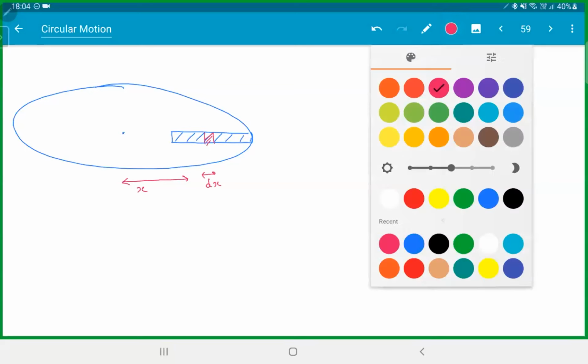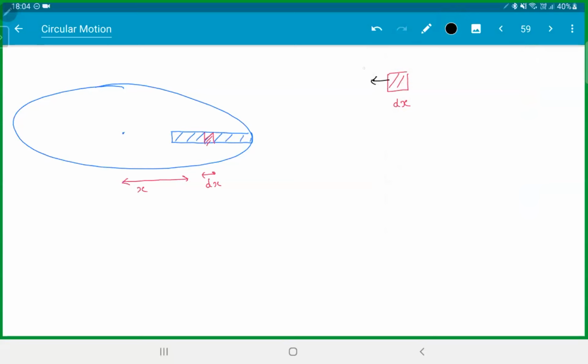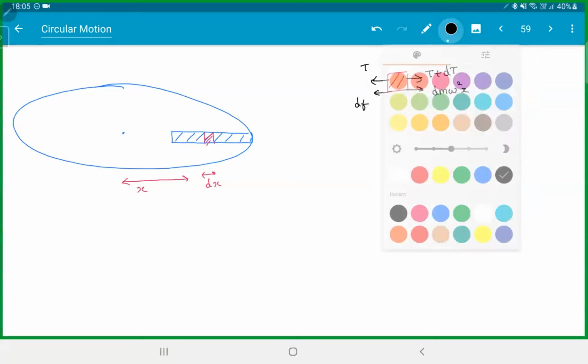Let's see what forces are acting on this piece. Tension T plus dT, which is the tension on the right hand side. The centrifugal force, dm omega square x, and the friction, df. I hope everyone got the FBD part. So there are a total of four forces acting on the small piece dx.